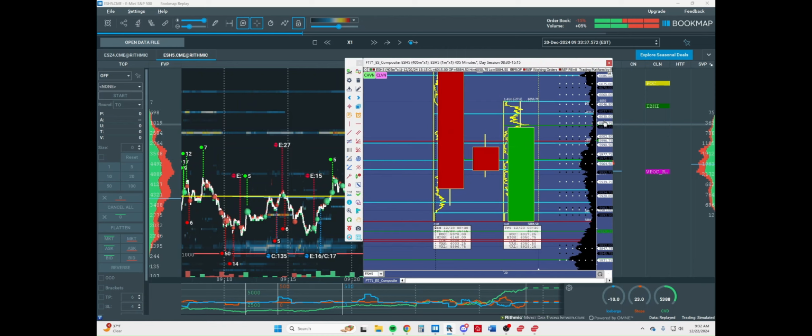This is a daily candlestick chart with a volume profile overlapped in a micro composite setup.